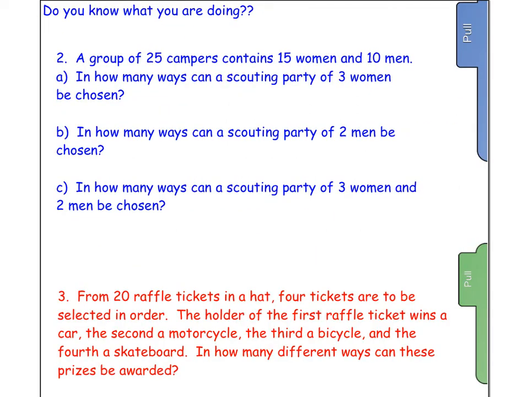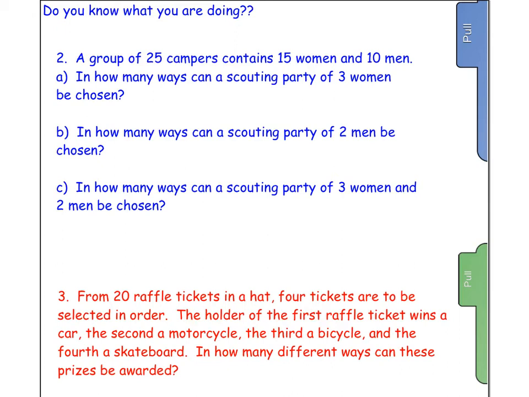All right, let's jump into some example problems. Let's dig a little deeper here. Number 2: a group of 25 campers contains 15 women and 10 men. Part A asks, in how many ways can a scouting party of 3 women be chosen? The first thing we ask ourselves is, does the order matter in which these 3 women are chosen? No, it doesn't.